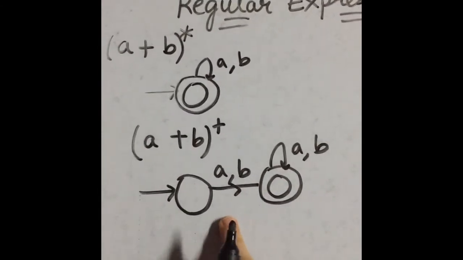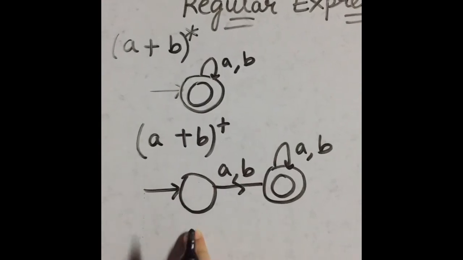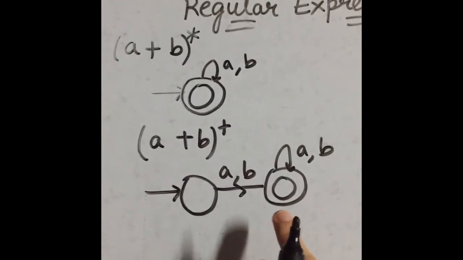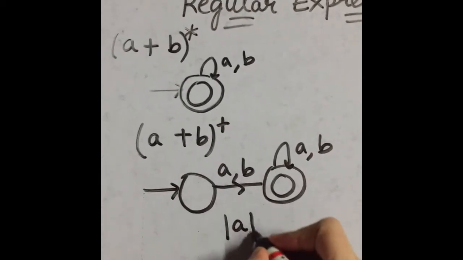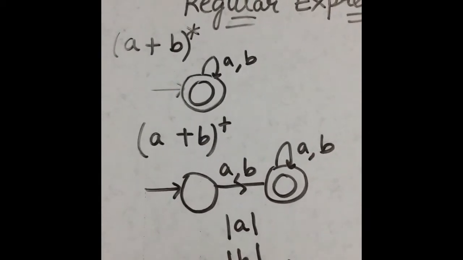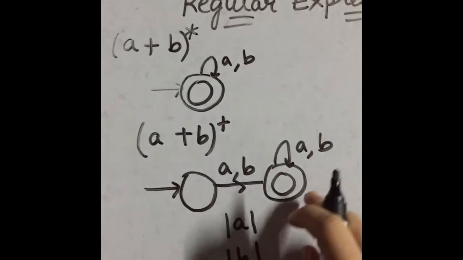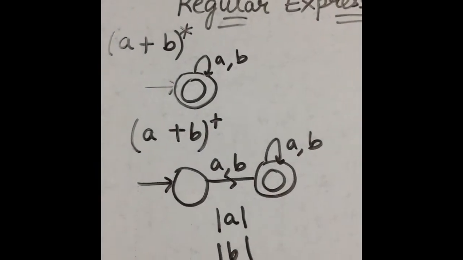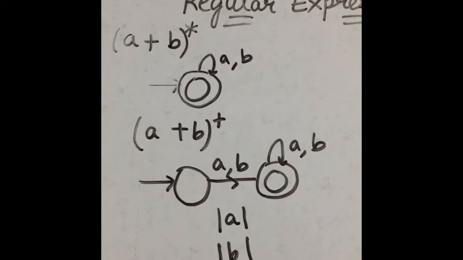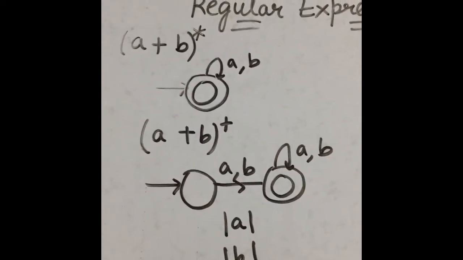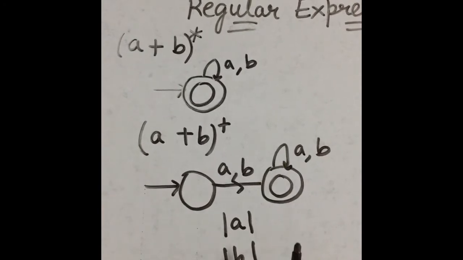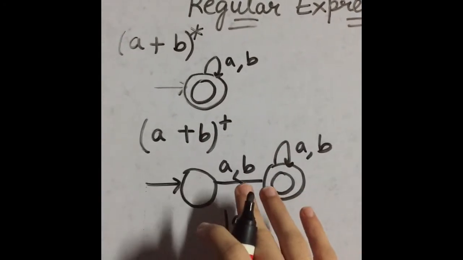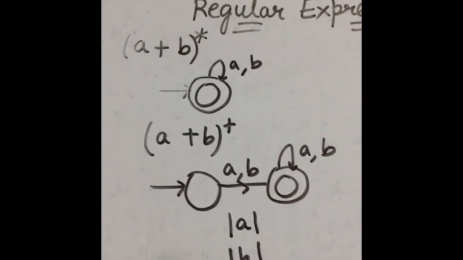At the final state, the length of the string is at least 1, either a or b, and then any number of a's or b's. So these are some basics of regular expressions which we already discussed in the previous video, but this is how we define them in automata form.